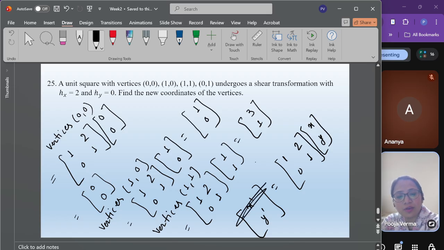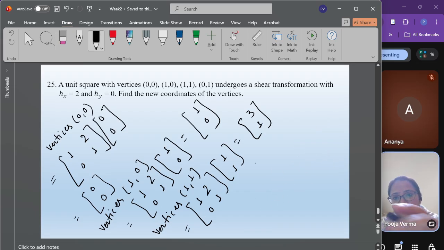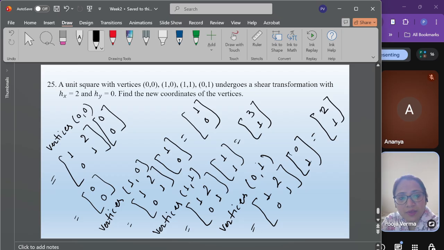Now similarly we need to calculate for the last vertex, 0 1. Similarly, 1 2 0 1 times 0 1. Here what will we get? In the upper x direction we will get 2, and in the lower we will get 1.